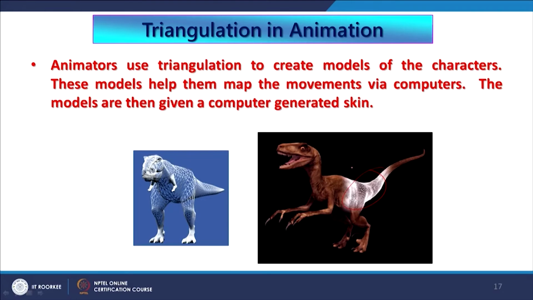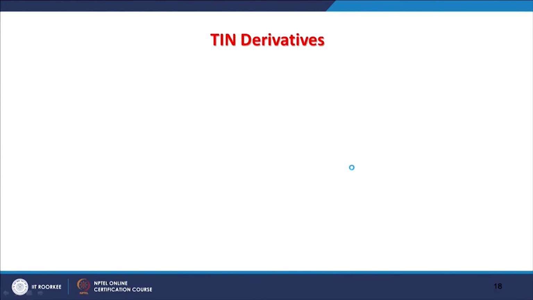So, animators use triangles or TIN models to create models of characters, maybe human characters, maybe animal characters, or some imaginary ones in many such animations or films, and these models help them map movements by a computer. So, TIN has applications in earth sciences, civil engineering, hydrology and other places, and also in animations.